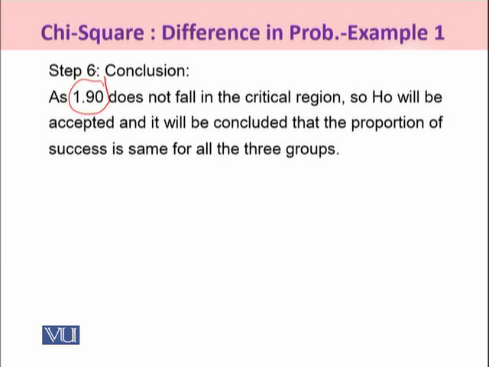Why? Because this value is less than 5.99, the tabulated value you obtained from the chi-square table. So as 1.90 is less than 5.99, it doesn't fall into the rejection region. So we will accept H naught and we conclude that the proportion of success is the same for all the 3 groups.